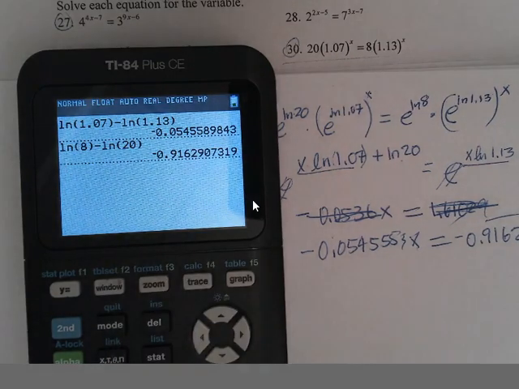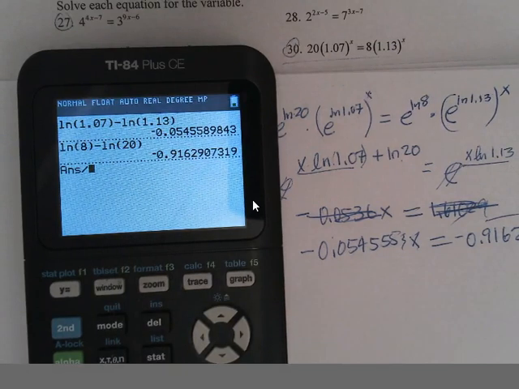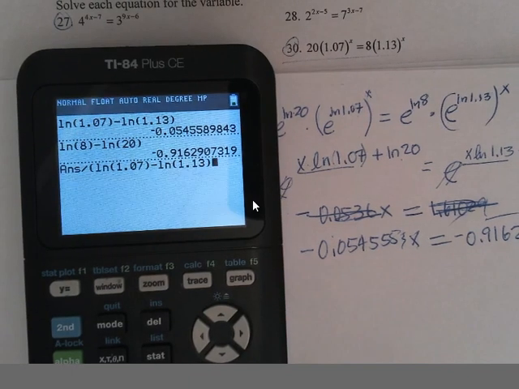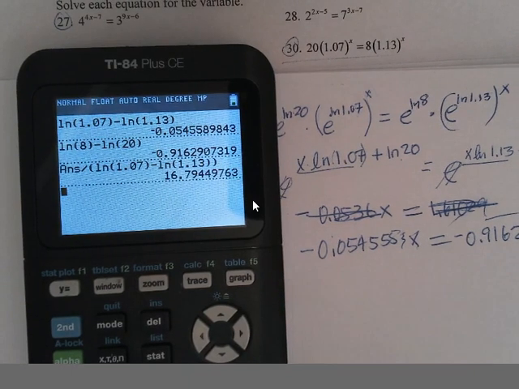So that divided by my previous answer, which was parentheses, ln of 1.07 close parentheses minus ln of 1.13 close parenthesis, enter.